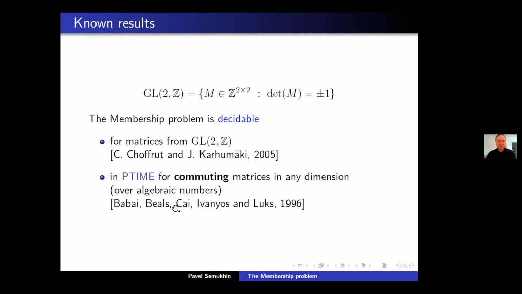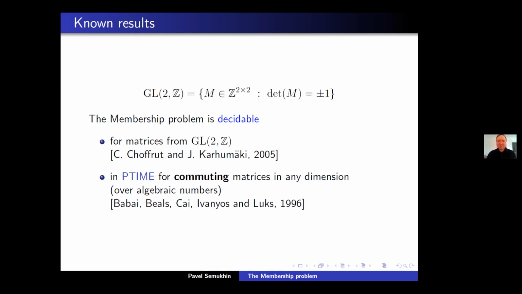Also, it's known that the membership problem is decidable for commuting matrices. In fact, this problem is decidable in polynomial time, and in any dimension for commuting matrices. But for non-commuting matrices, we had only this result for GL2Z.